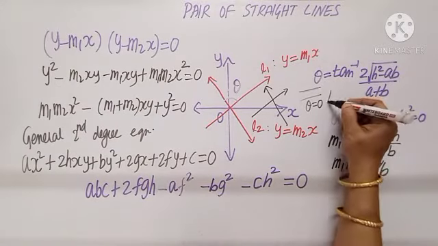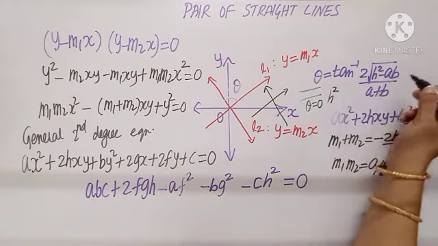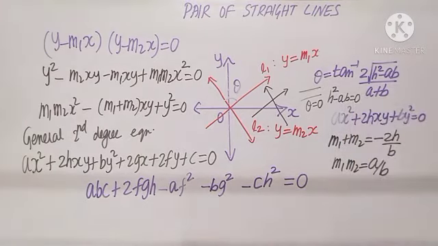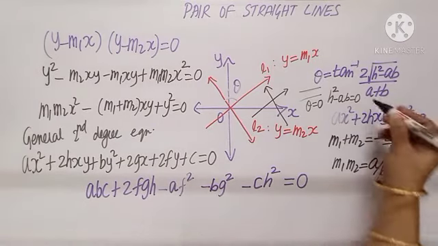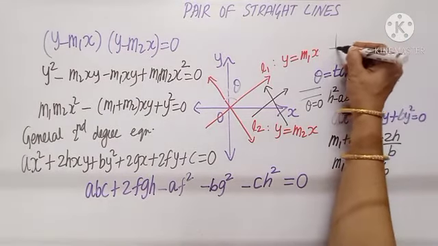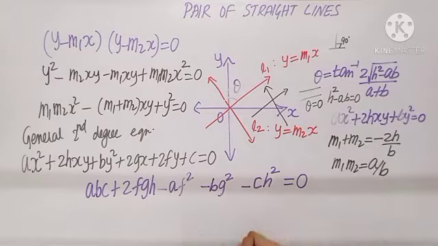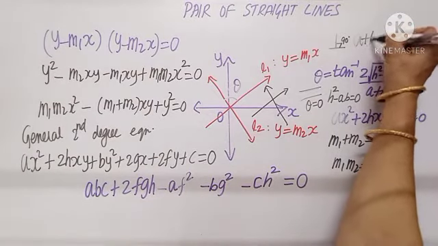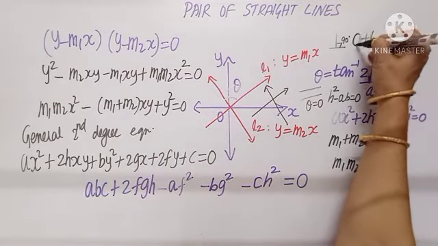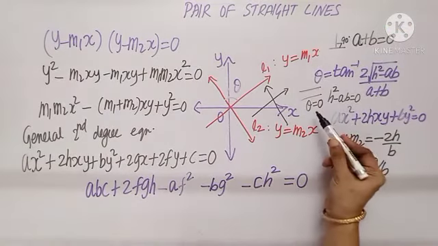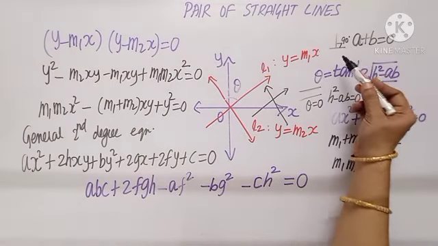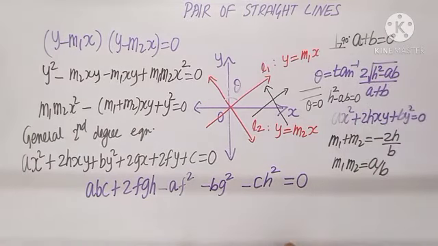So, I have the condition h square minus ab 0 or h square equals to ab. Suppose the two lines are perpendicular. Angle is 90. It is tan inverse infinity. That is the denominator 0. We have the condition a plus b equal to 0. So, if the lines are parallel, h square minus ab 0. If the lines are perpendicular, a plus b equal to 0.